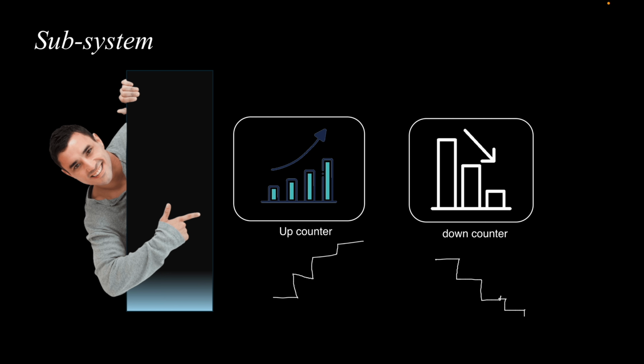A down counter will start with a higher value and end at a lower value. And the up counter will start with a lower value and end at a higher value. So these are different types of functionalities. One could be an up counter and one could be a down counter.